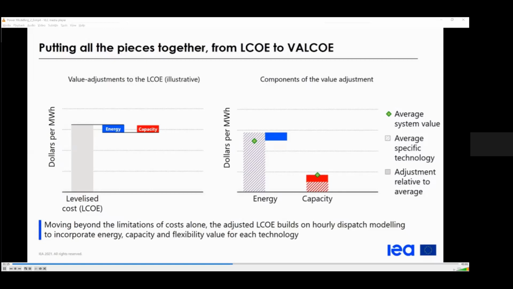And now the flexibility value. Again, not a very high value compared to average, less competitive. We adjust by increasing the cost side of things. So we take all these three value adjustments, we apply them to the LCOE, which leads to the value-adjusted LCOE, the VALCOE.